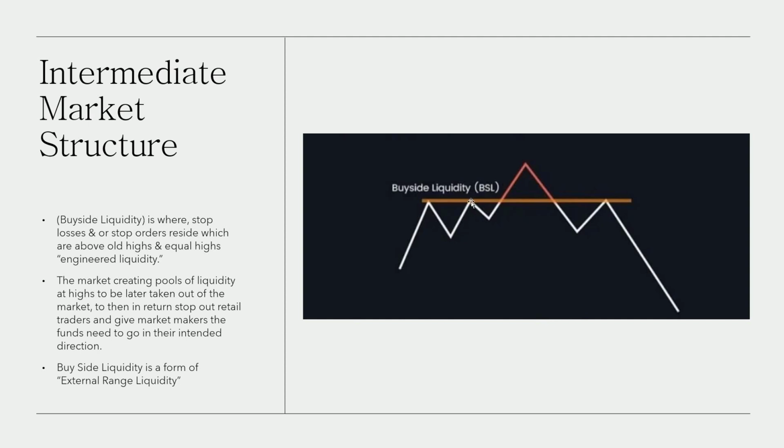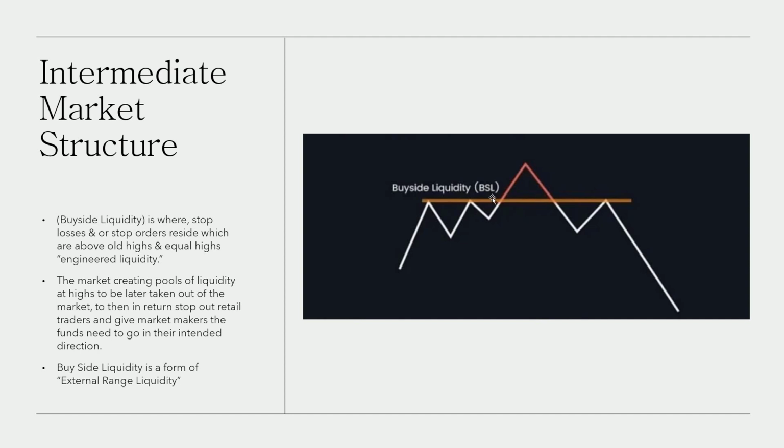So where was I? The market algorithm creates engineered liquidity, which are equal highs or old highs. The market will trade above these old highs or equal highs to take out their stop losses. This is adding more liquidity to the market. Market makers see this as an opportunity to sell or short here.